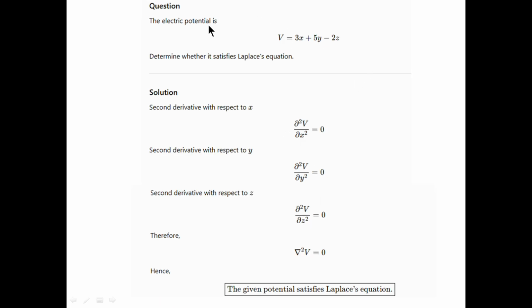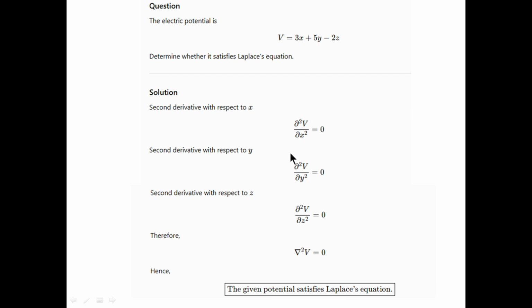Next we have the electric potential V = 3x + 5y − 2z. This potential is three dimensional, with variables x, y and z. The second derivative with respect to x, ∂²V/∂x², is equal to 0, the second derivative ∂²V/∂y² is equal to 0, and the second derivative with respect to z, ∂²V/∂z², is again equal to 0.